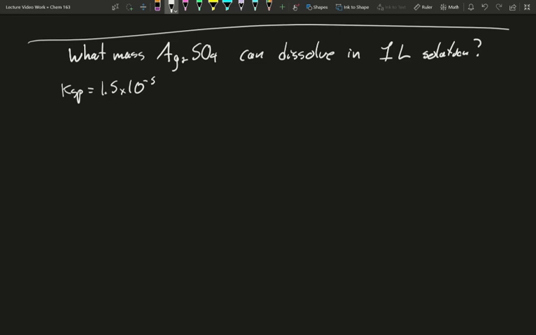Well, if you're back, what's going to happen here is our silver sulfate is going to dissolve into 2 silver pluses and SO4 2 minus. So we're going to have our solid silver sulfate salt. We're going to get some aqueous ions as they slowly dissolve. How much successfully dissolved?